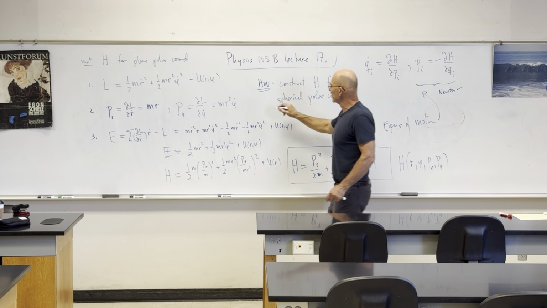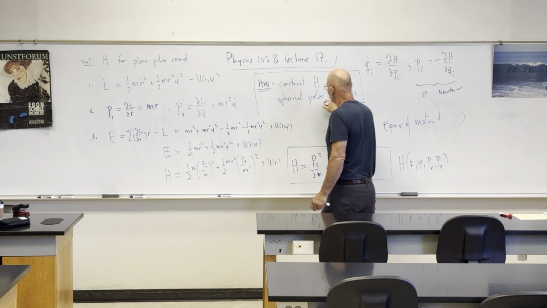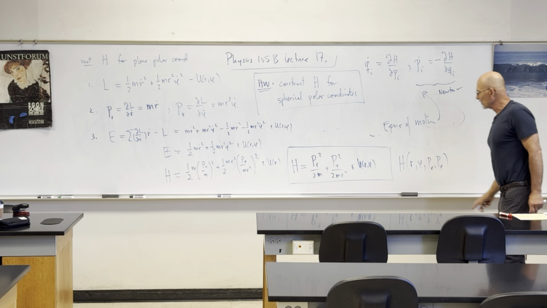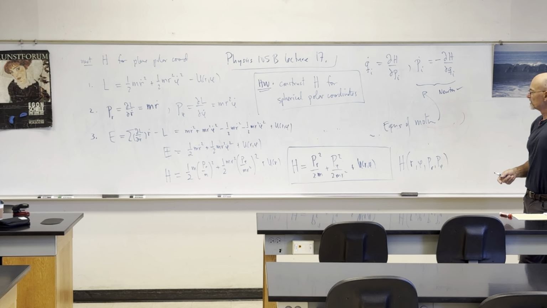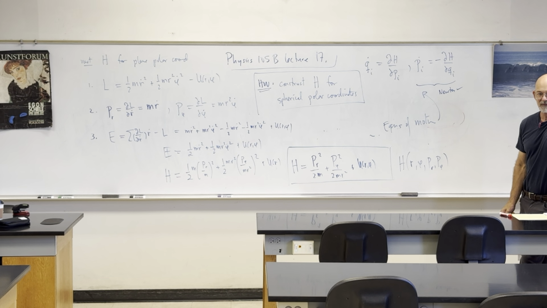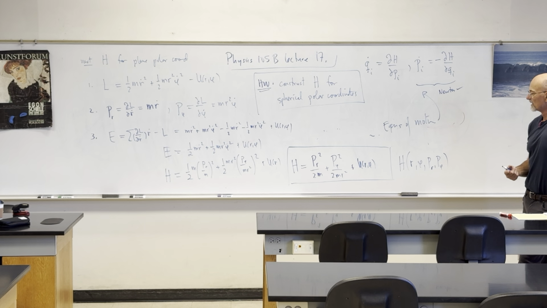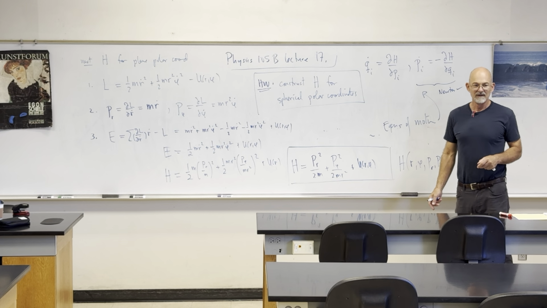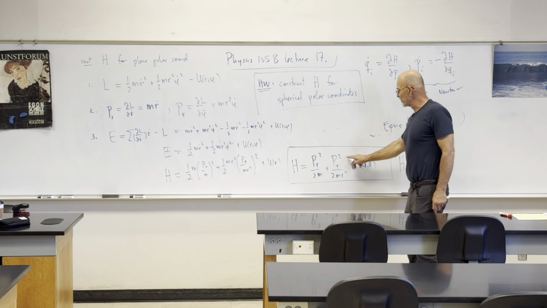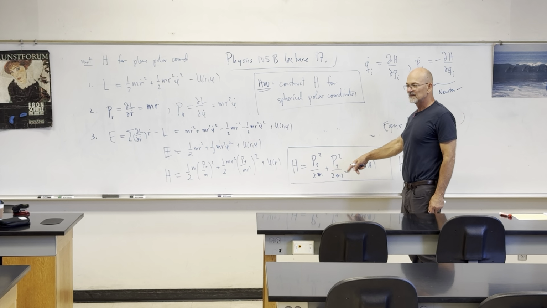This one will take a little bit of extra doing. If I had asked you for the Hamiltonian for cylindrical coordinates, we should just be able to do it by inspection. What do you guys think? I mean, we should just be able to add a couple terms onto our Hamiltonian here, right? Cylindrical coordinates is just you extend your plane polar upwards, z. And the one that you extend with z, that's just the Cartesian coordinate. So because it's Cartesian, we would just do p_z squared over 2m, right?